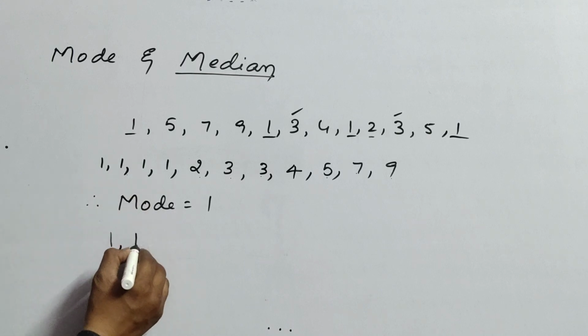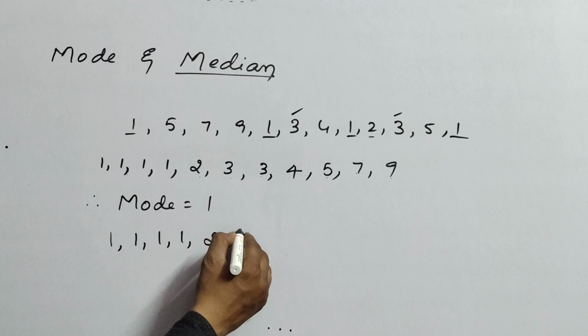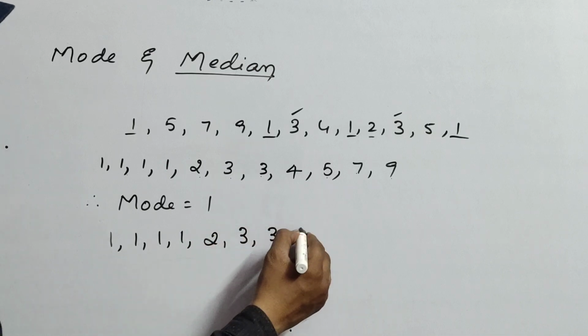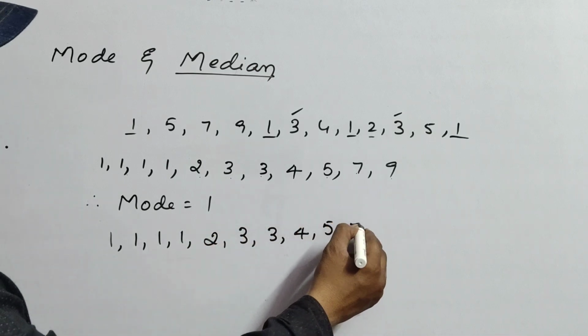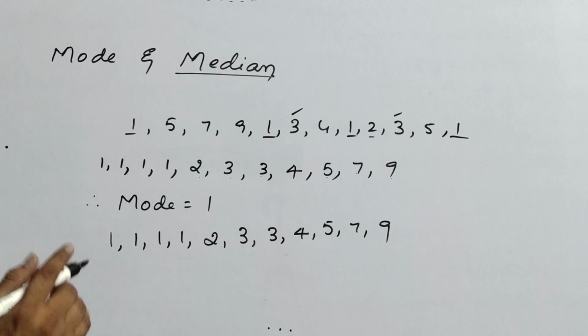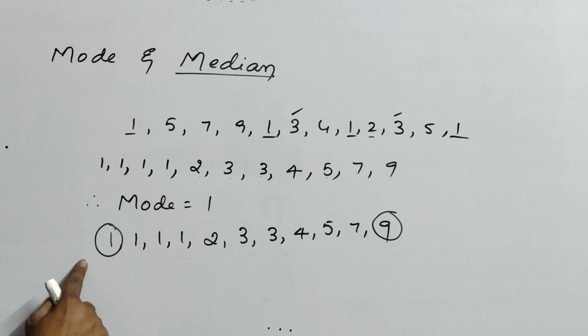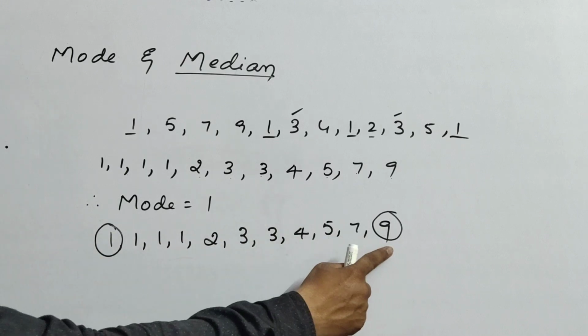1 1 1 1 2 3 3 4 5 7 9, arranged in ascending order. What I told you, the middle number is called the median. But how will you find the middle number? Cross out one number from the beginning and one from the last.